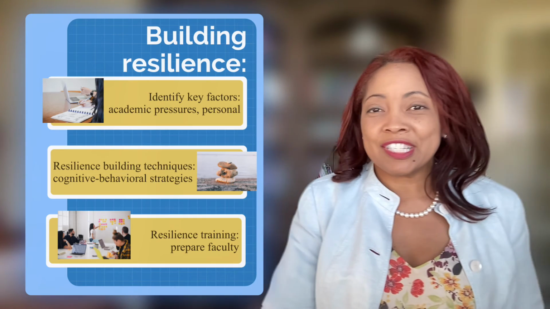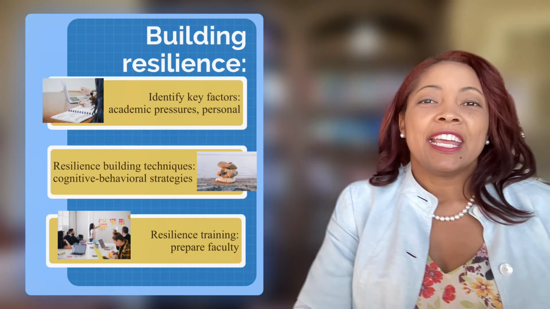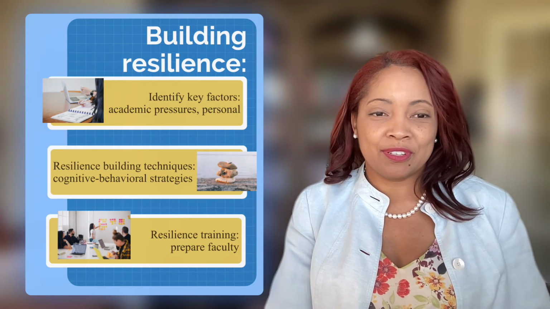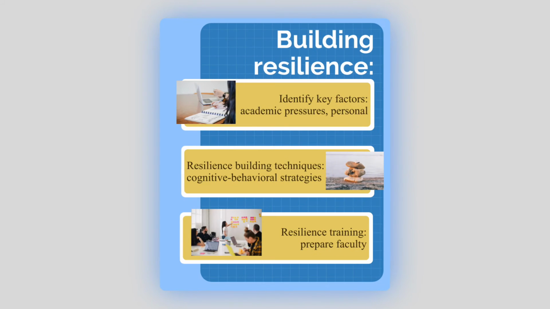Okay, so I know this is sounding a little familiar. It's the same steps that you're taking on your journey if your goal is to achieve your CNE. So again, just to recap, the 3 strategies we're going to use is, first of all, identify key factors. So what is the trigger? What is contributing to challenges that our students may be having or that we may have?